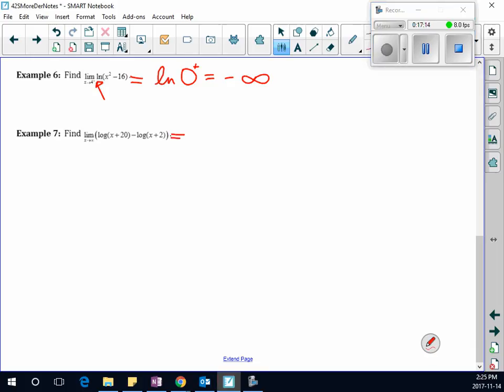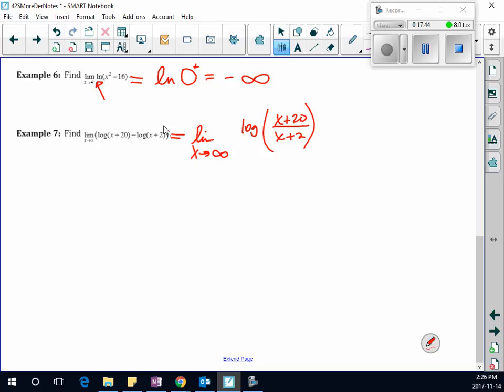So let's go limit as x goes to infinity. And this would be log of, this is the same base, right? So this is x plus 20 divided by x plus 2. Subtraction becomes division. And remember, if we plug in infinity, the technique for limit going to infinity is we need to pull out the highest power, right? Infinity over infinity.